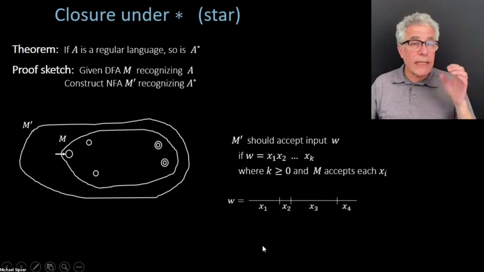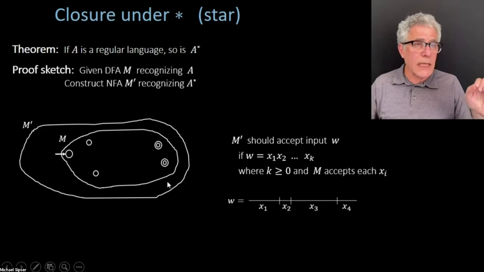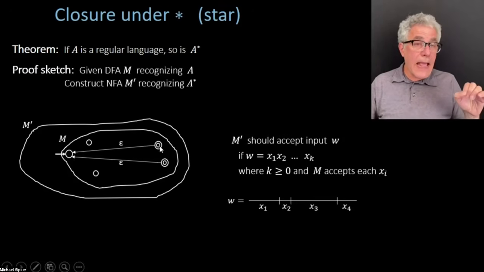So the way we're going to get that effect of starting the machine over again once it's accepted is by adding in epsilon transitions that go from the accept state back to the start state.